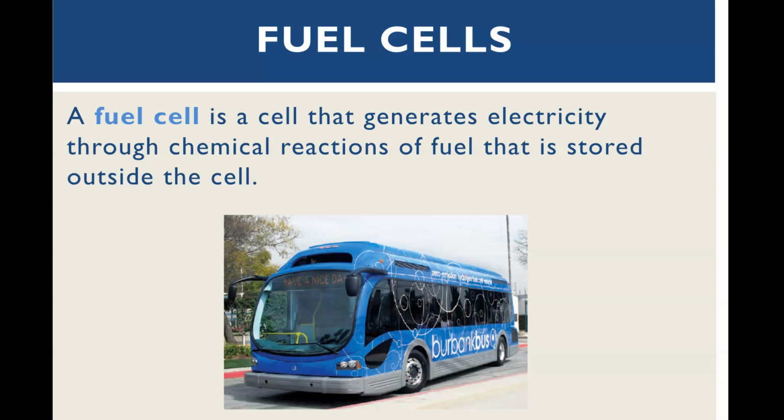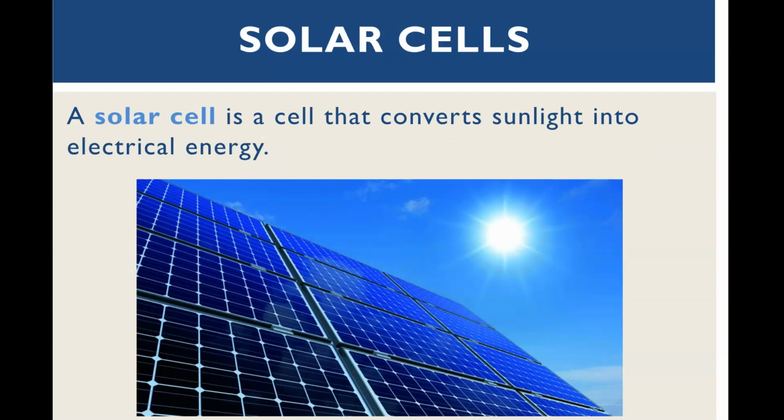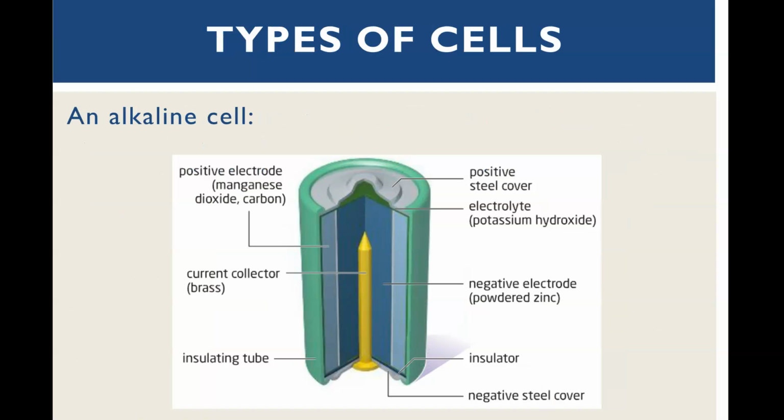The fuel is stored outside of the cell. A solar cell is a cell that converts sunlight into electrical energy. Another type of cell. Okay, so those are the sources for your electrical circuits.